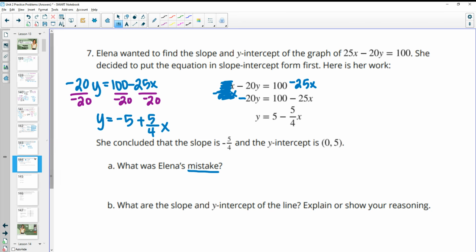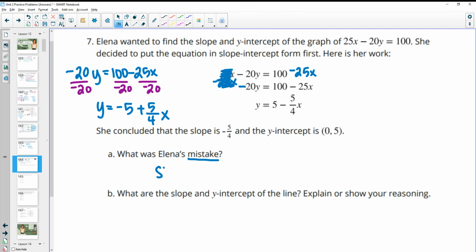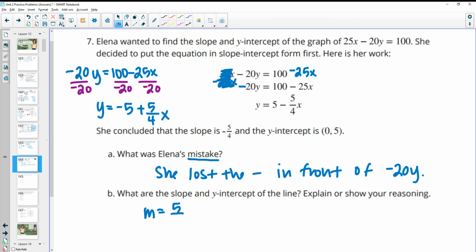So her mistake was she lost the negative in front of the negative 20y. And then her slope is actually positive 5/4. And the y-intercept was negative 5. So it should have been 0, negative 5.